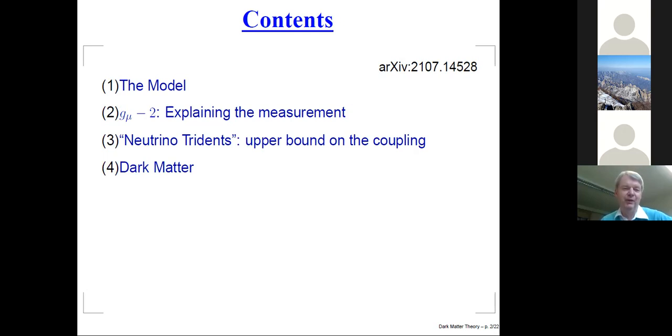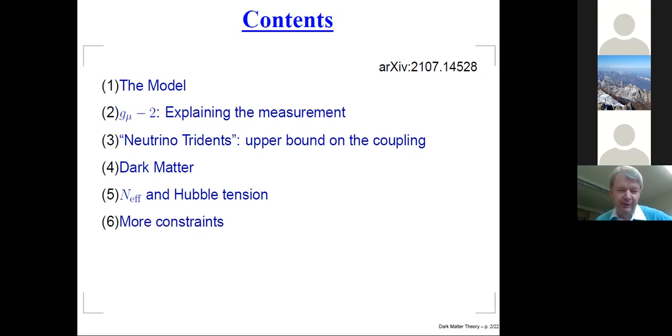Then I'll describe how to incorporate dark matter. The next thing one can do with this model is to ease the Hubble tension a little bit by increasing the effective number of light degrees of freedom in the early universe.